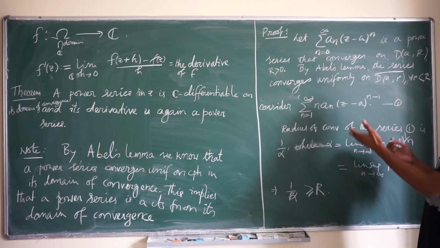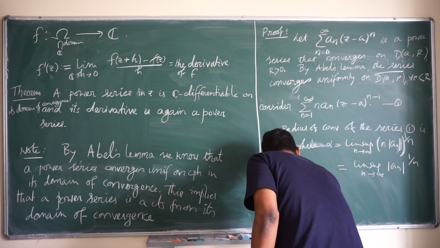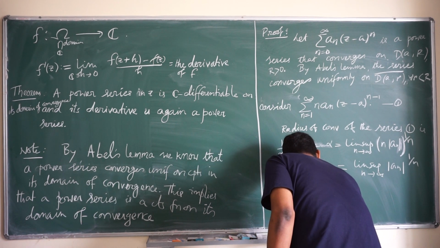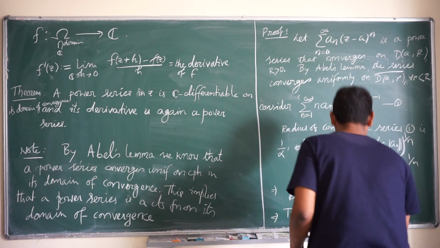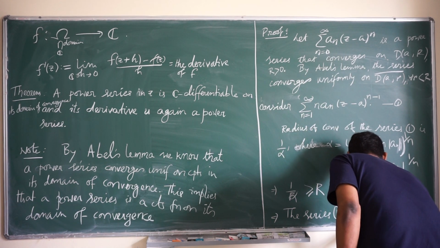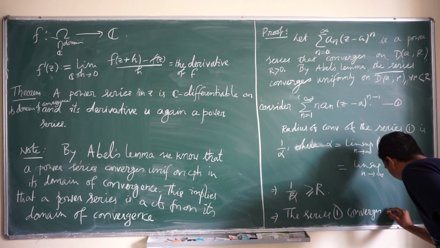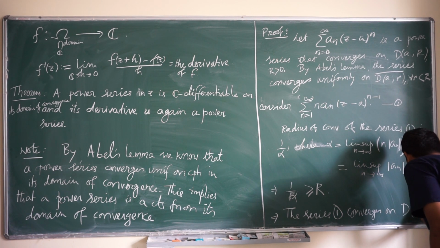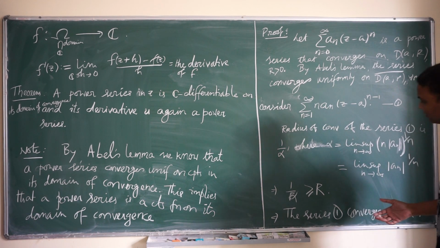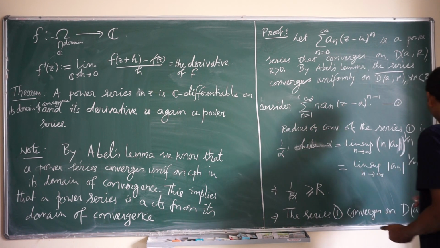Now this implies the series 1 converges on this disk. Convergence of a power series always means it converges absolutely.